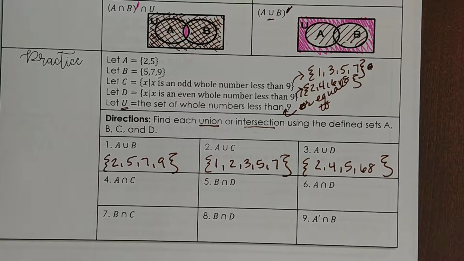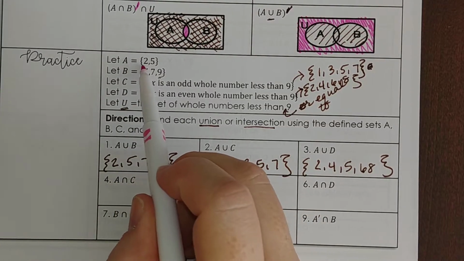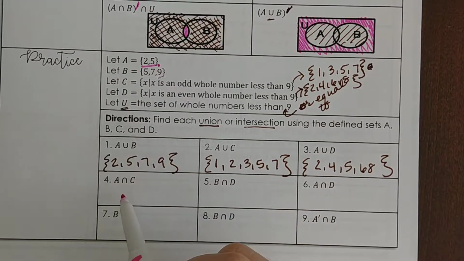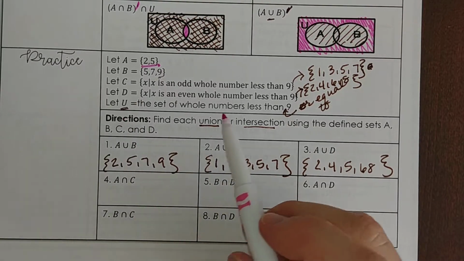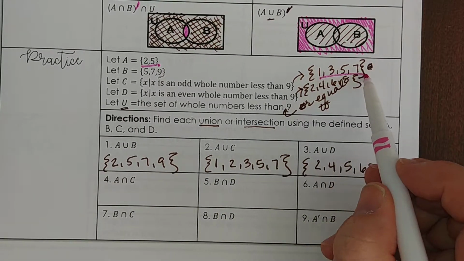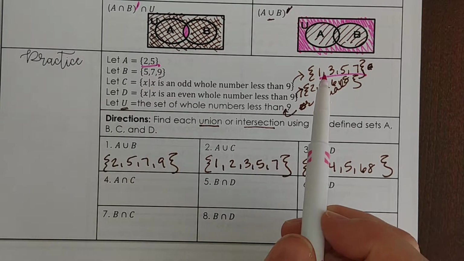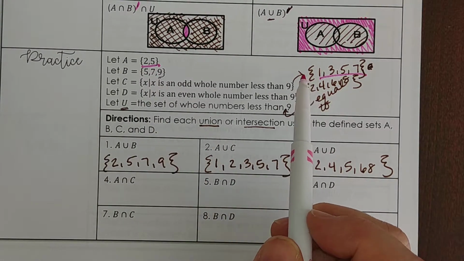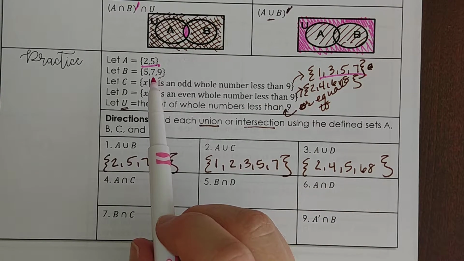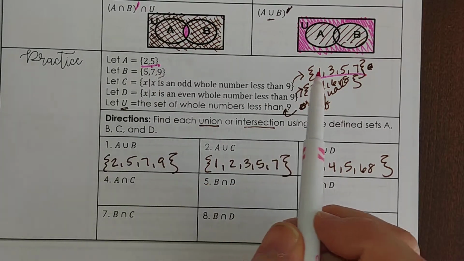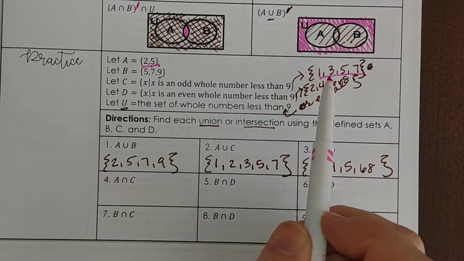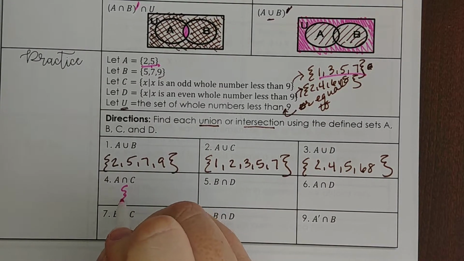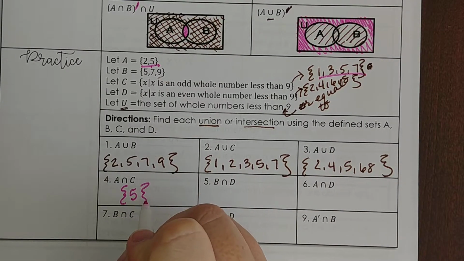For number 4, we're going to intersect A and C. So we're going to take the elements of set A and C, what they have in common. It would appear as though 5 is the only element that they have in common. So A intersect C is 5.